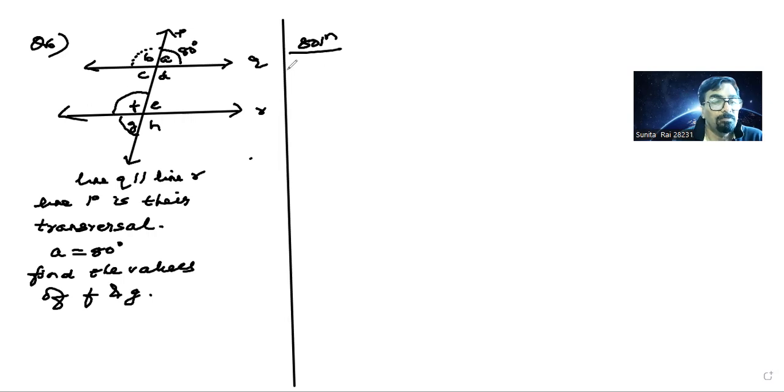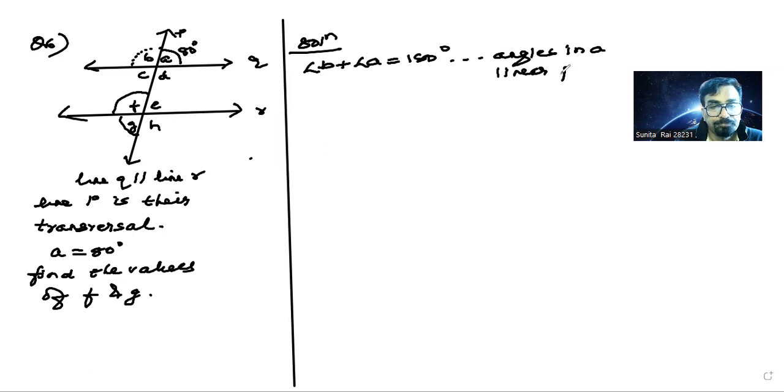How will you find the measure of angle B? You can see here, children. Angle B plus angle A equals 180 degrees. Can I say angles in a linear pair, children? And what is the measure of angle A? Measure of angle A is given as 80 degrees. Therefore, angle B plus 80 degrees is equal to 180 degrees.